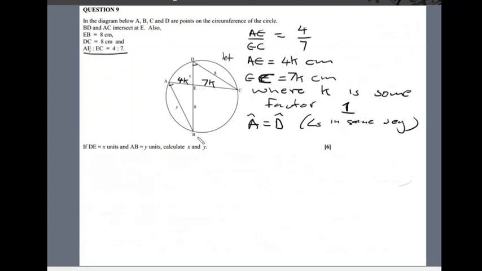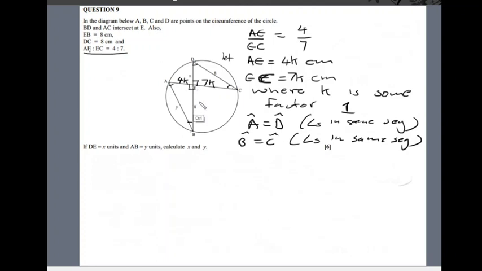Then I say B and C are equal. B and C are equal. Those are angles in the same segment. Then I say angle AEB is equal to DEC, sorry. Why? Those are vertically opposite angles. Those are vertically opposite angles.